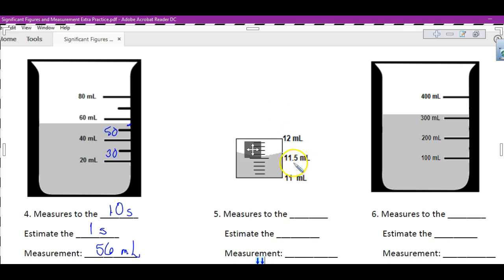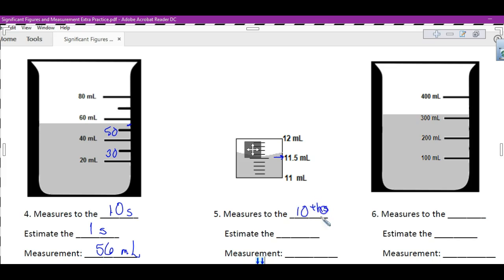Okay. Now on this one, I put the 11.5 there because on the test, several students for some reason had a hard time reading that particular one. Not sure why. But if that halfway is 11.5, that means this is 11.1, 11.2, 11.3, 11.4. It's going up by tenths of a milliliter.